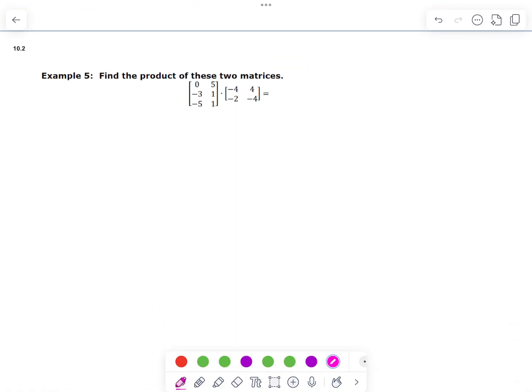Here's one more. This is now a 3 by 2 matrix, and then a 2 by 2 matrix. So the inside numbers are the same. So the outside numbers will tell you what type of matrix you'll have, a 3 by 2.